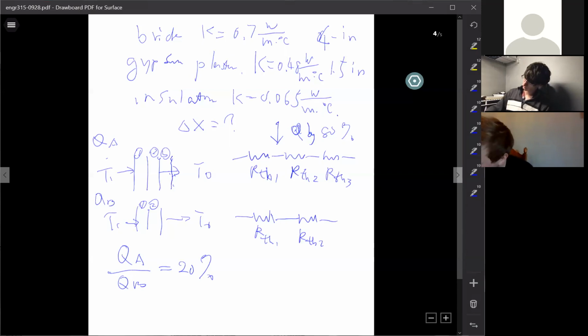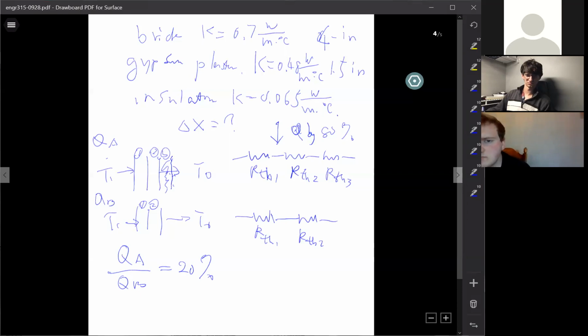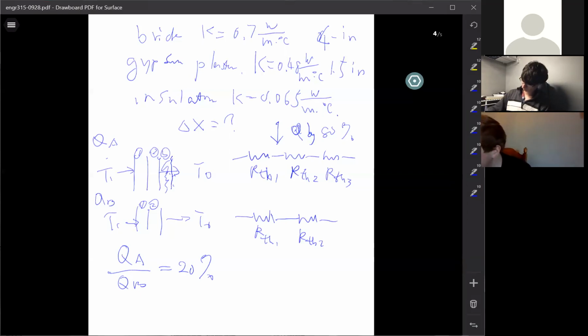Is that right? The heat transfer. So you have insulation, basically is to reduce the heat transfer rate. So your heat transfer rate reduced to 20%. Okay, is that right?